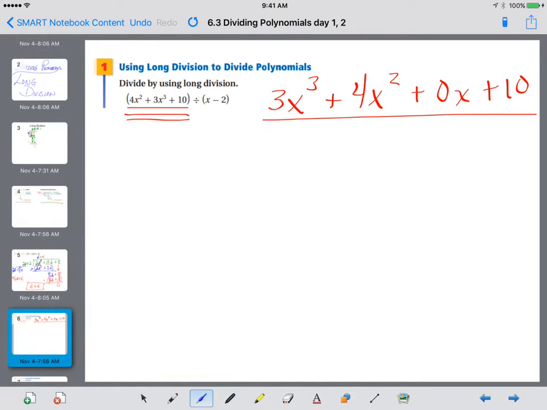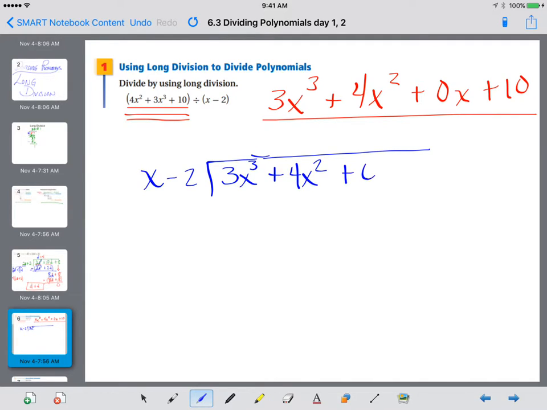This one's going to be a little bit longer: x minus 2 divided by 3x to the third power plus 4x squared plus 0x plus 10.